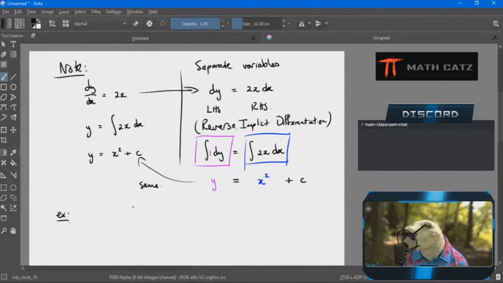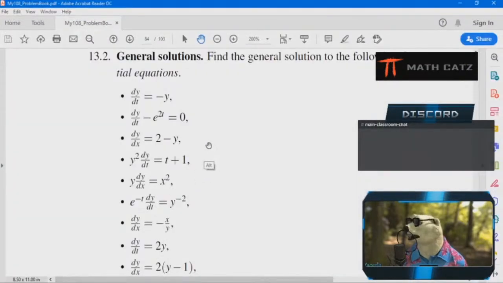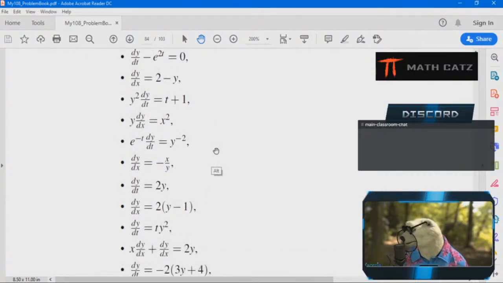Let's take one as an example. So let's take, for example, we can actually go to the problems here. I don't want to do something too complicated just yet. I'm looking for a nice and easy one.